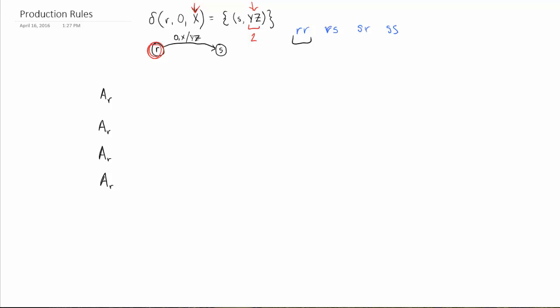So again, we only have one symbol that is currently on the stack since we're only working with one transition. So this will always be X. The next one, we're going to be scrolling down our list and we're going to be looking at the last element here. So here it's R, here it's S, here it's R, and here it's S.